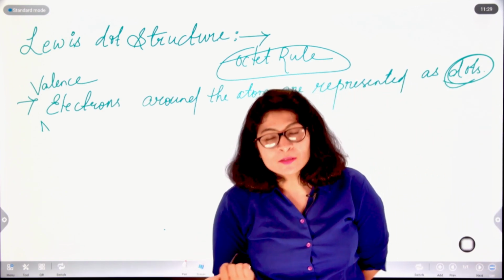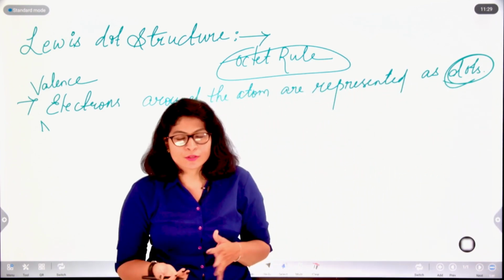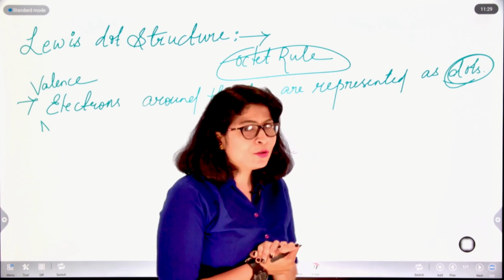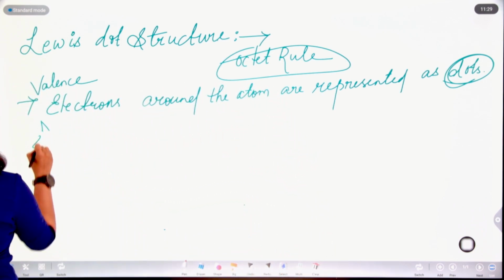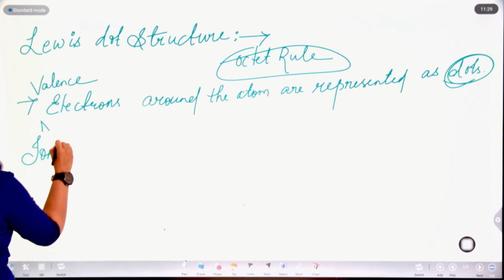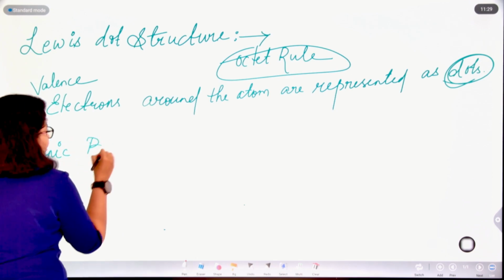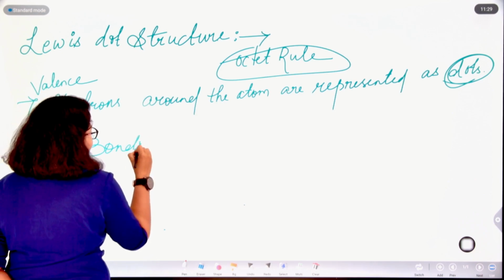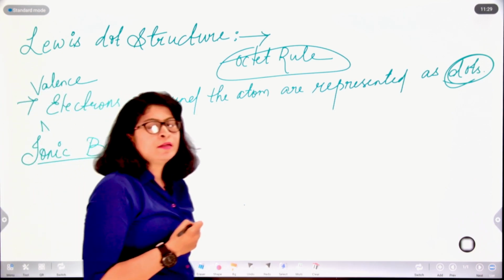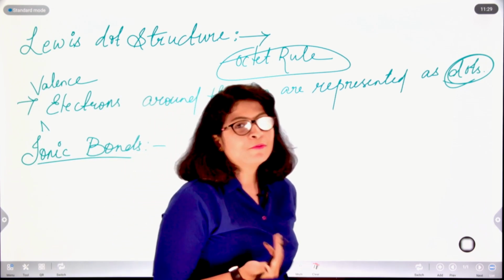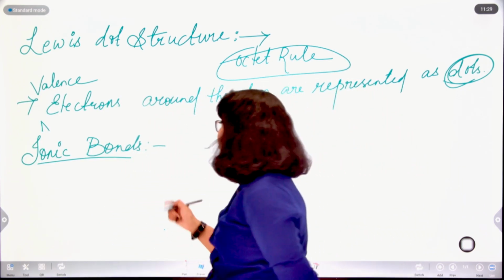Keeping this point in mind, we will draw our structures. First let us see the ionic bond. In case of ionic bond, there was loss and gain of electrons, right? We will understand the Lewis dot structure for ionic bond taking our very famous example, sodium chloride.